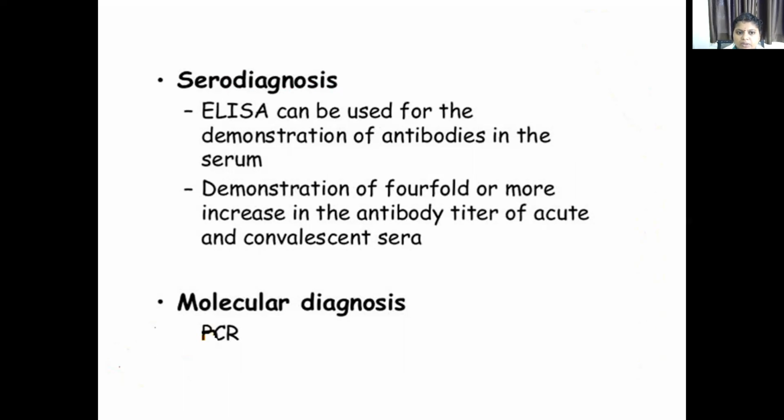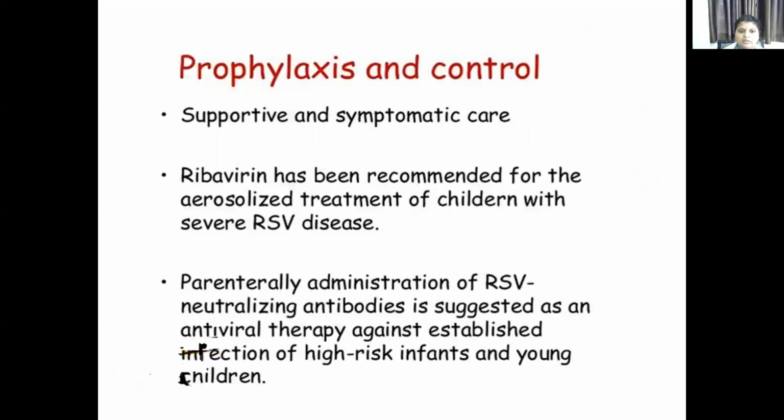Serological diagnosis can be done by using ELISA for the demonstration of antibodies. Paired sera are also used for diagnosis of this RSV. Molecular diagnostic tests like PCR are available for the diagnosis of the RSV. No vaccine is available for this RSV.